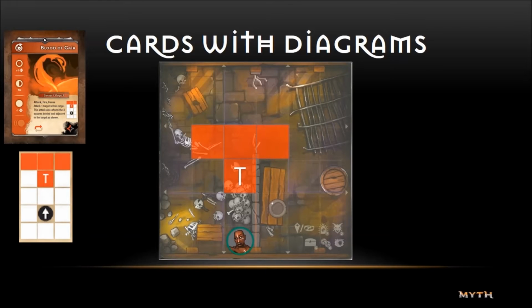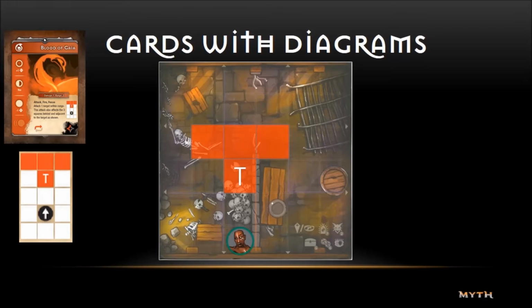Now, once you determine what the T square is, then you ask, what is the orientation of the cone, or the fan, of this particular attack? Where do I put those 3 extra squares of attack next to the T square?